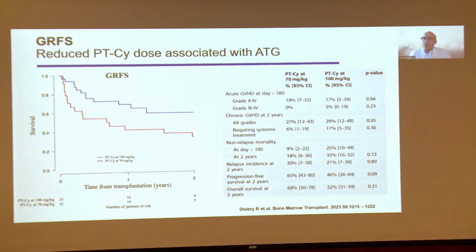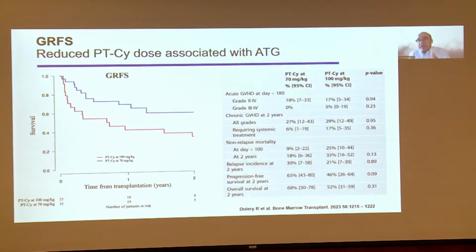You can add a small dose of ATG, thymoglobulin 2.5 milligram per kilo, and actually you can gain in terms of GRFS. We know that this is an important endpoint for us in the field.